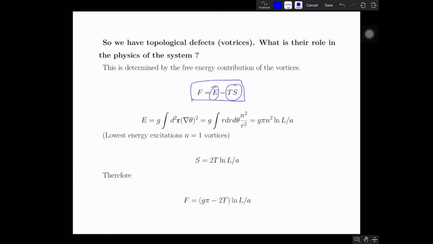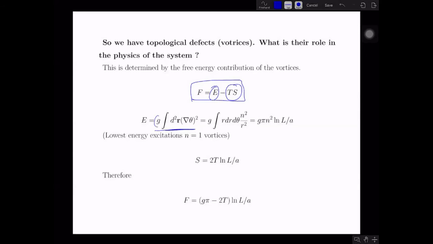We'll write down a microscopic Hamiltonian in a moment, but we want one which tries to minimize the change in theta. Remember, we are dealing with a ferromagnet, so it wants to minimize the variation in theta, and the Hamiltonian at long wavelengths boils down to this kind of thing.